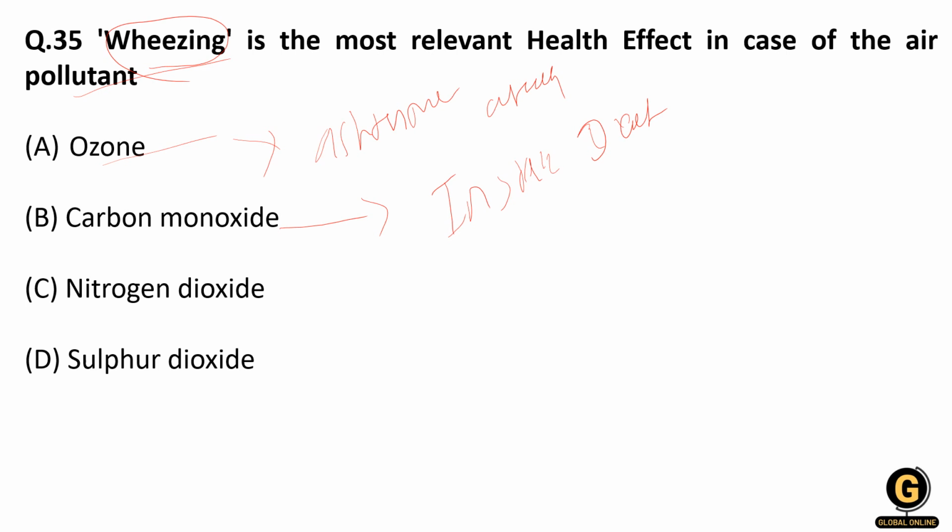And then you have nitrogen dioxide, which will irritate your respiratory system, and sulfur dioxide will cause wheezing. So what happens in wheezing? You will have breathing difficulty, and you will make noise while breathing, right? So you have to remember that sulfur dioxide causes wheezing.